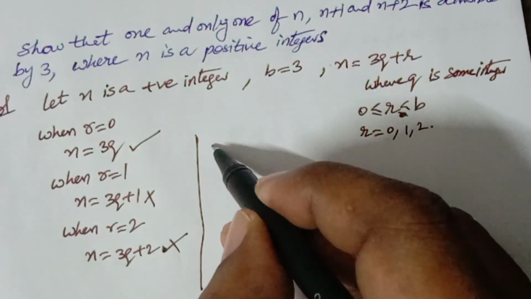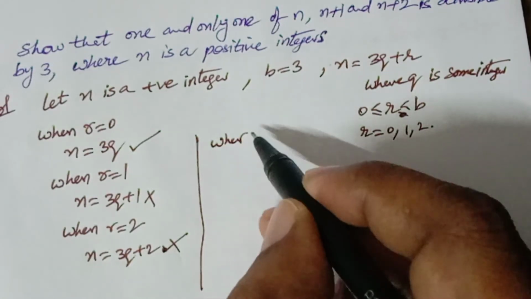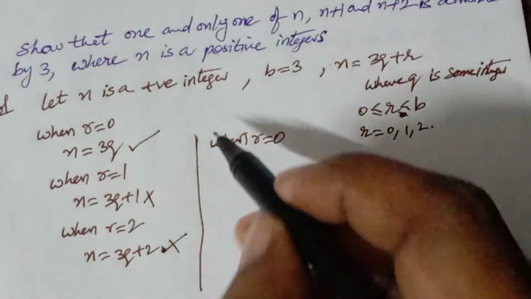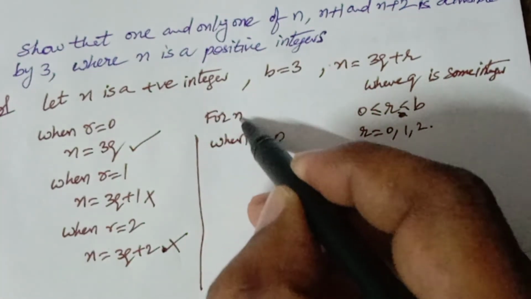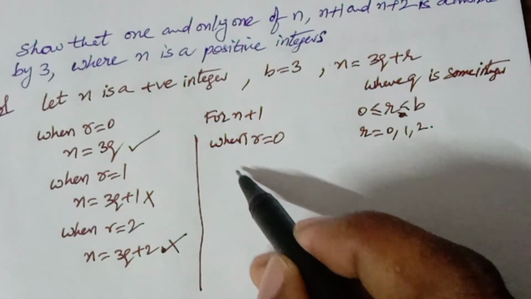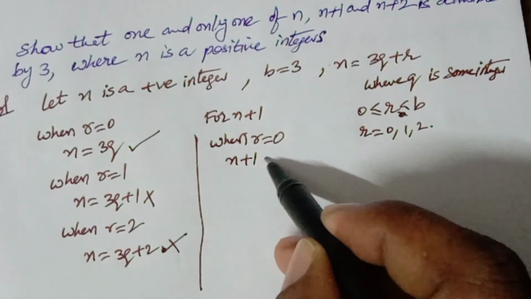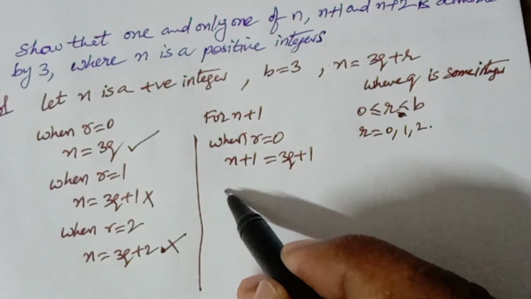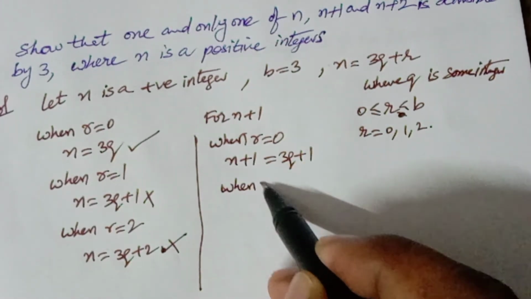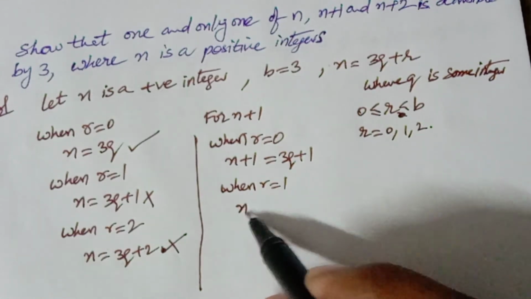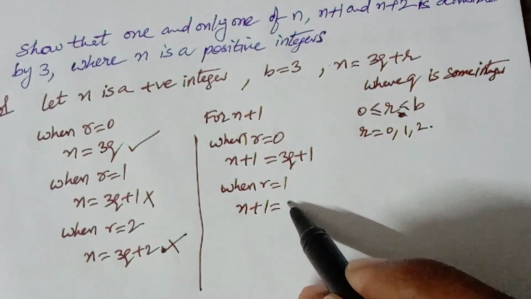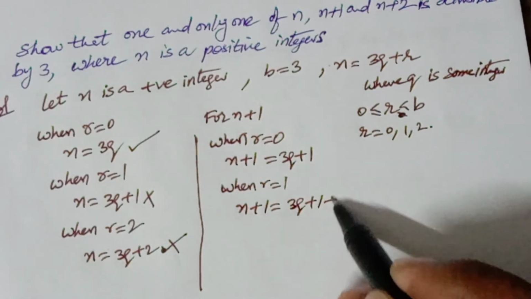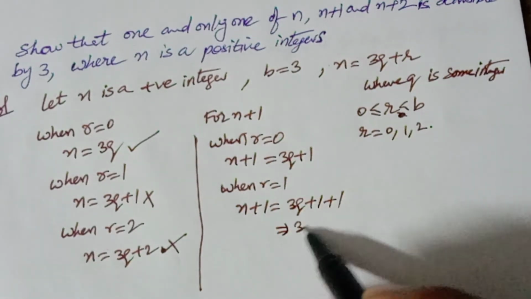Now for n plus 1: when r is equal to 0, n plus 1 is equal to 3q plus 1. When r is equal to 1, n plus 1 is equal to 3q plus 1 plus 1, 3q plus 2.